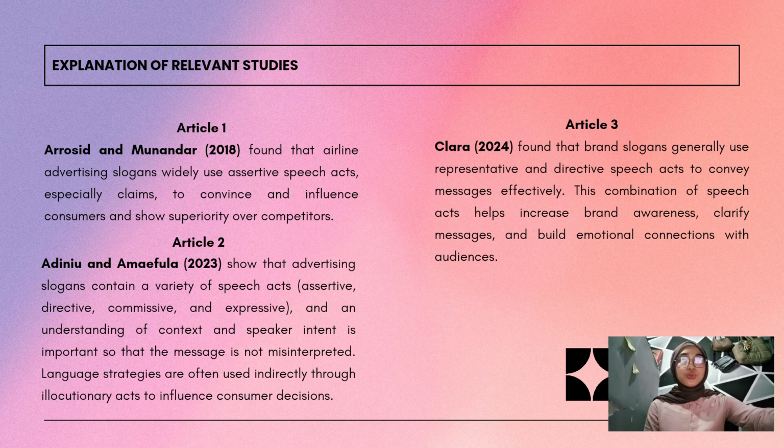And for article 2, Adinio and Amaifola 2023 show that advertising slogans contain a variety of speech acts, such as assertive, directive, commissive, and expressive, and an understanding of the context and speaker intent is important so that the message is not misinterpreted. Language strategies are often used indirectly through illocutionary acts to influence customer decisions.